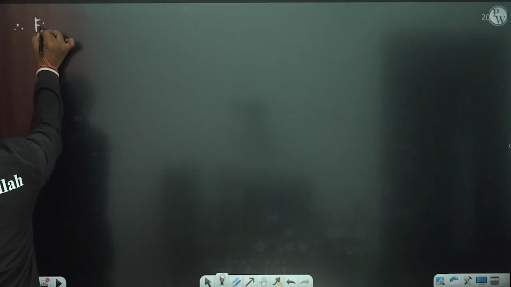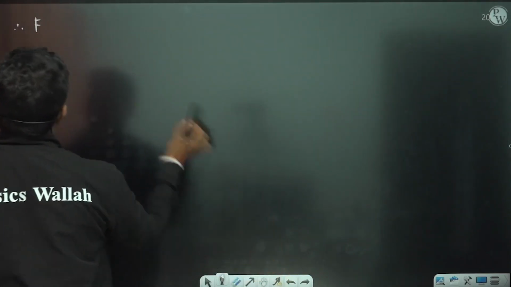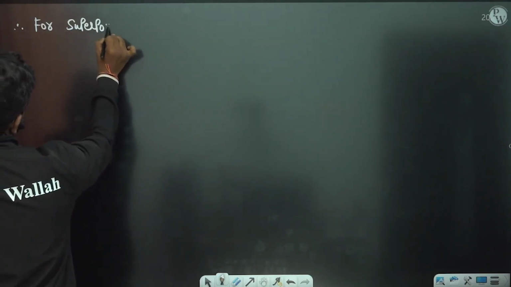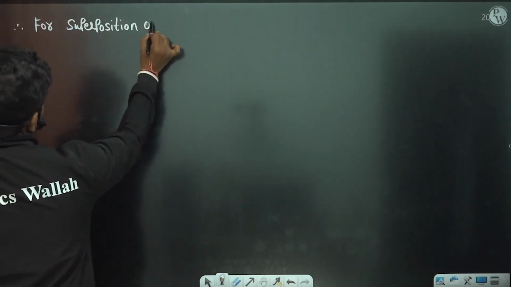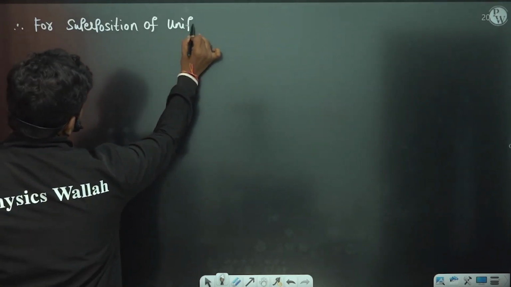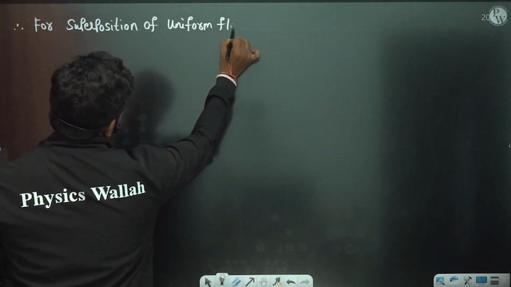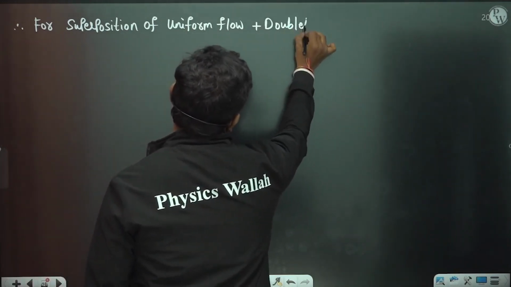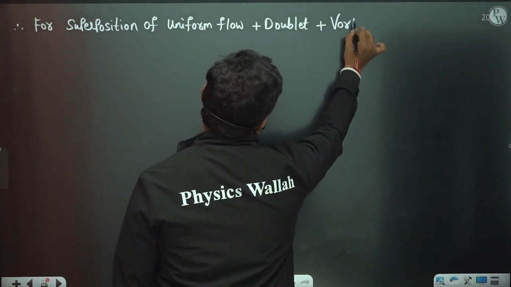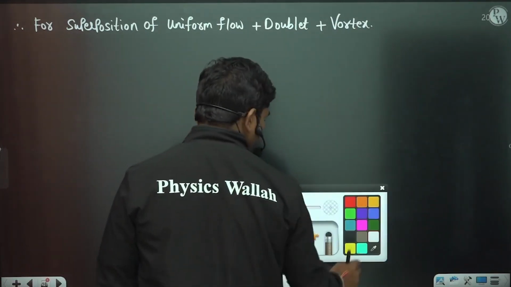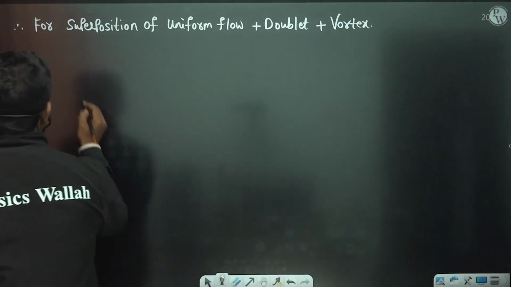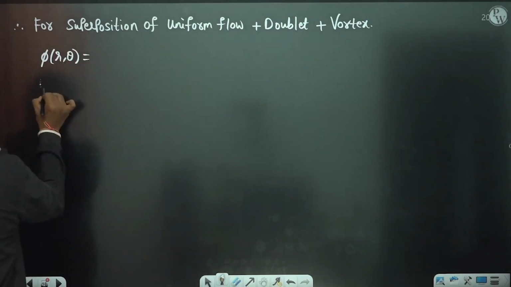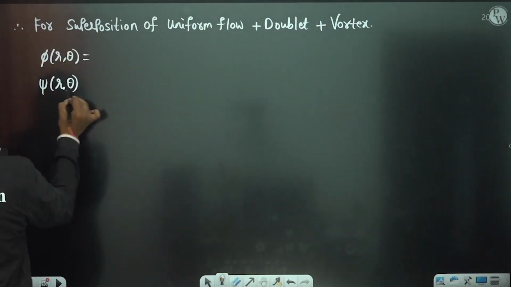So finally, for flow past a rotating cylinder, or for superposition of uniform flow plus doublet plus vortex, we have the components something like this. So phi of r comma theta is equal to, and psi of r comma theta equal to, because these are the important things at the end.